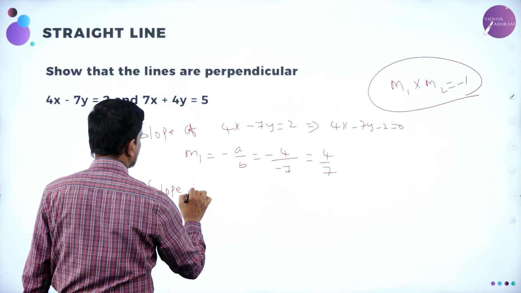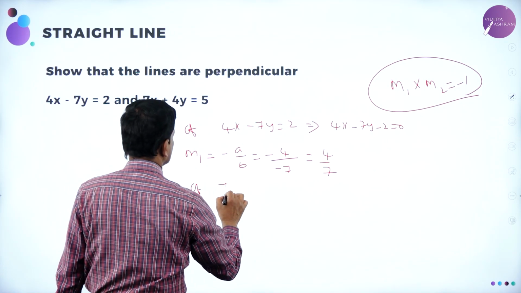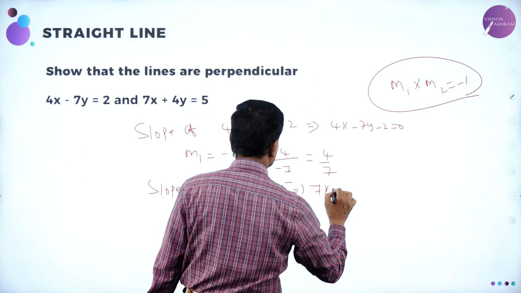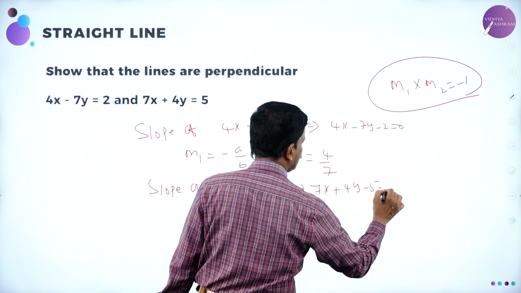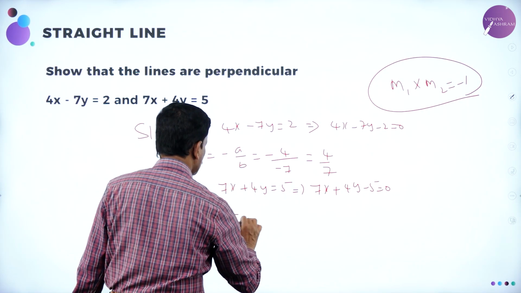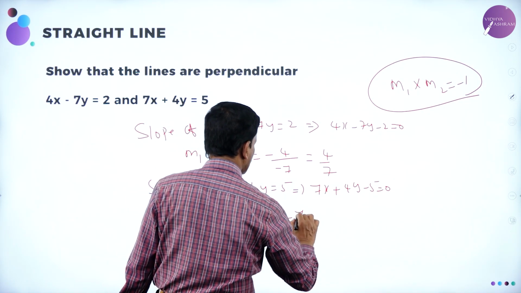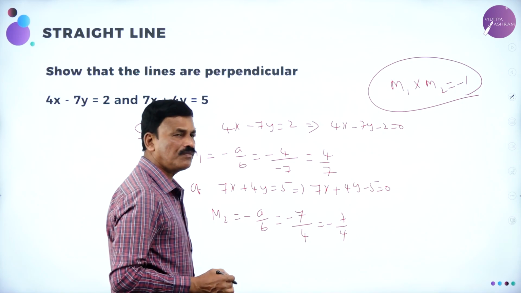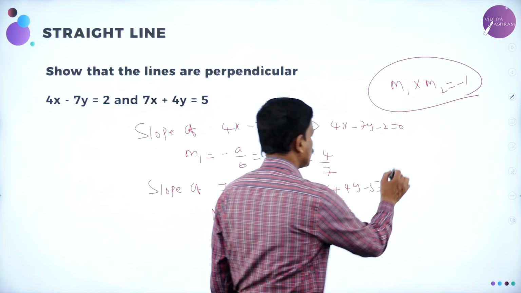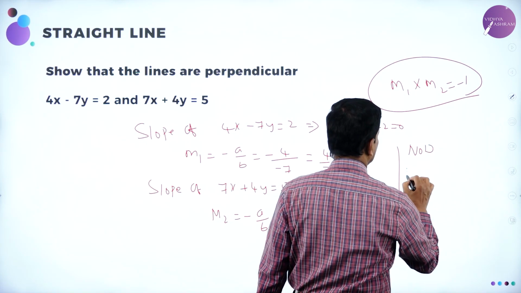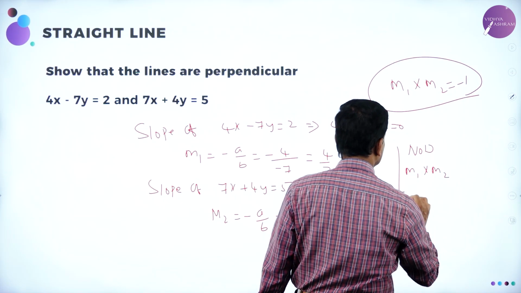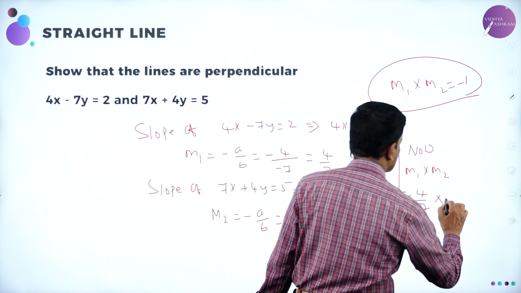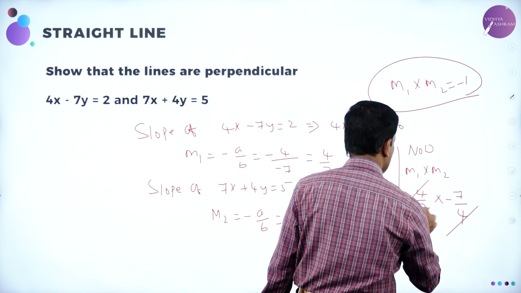Similarly, the slope of the second line, 7x plus 4y is equal to 5, that is 7x plus 4y minus 5 is equal to 0. m2 is equal to minus a by b, minus 7 by 4. Now verify whether m1 m2 is equal to minus 1 or not. m1 is 4 by 7 into m2, which is minus 7 by 4. 4 and 4, 7 and 7 get cancelled.